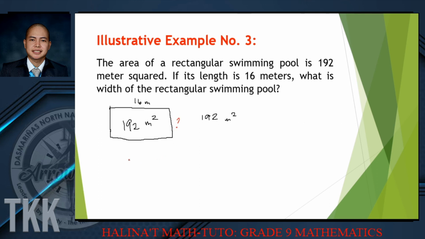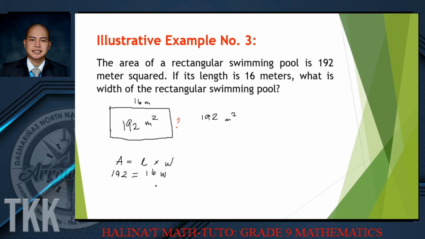Okay, so we all know that the area of a rectangle is length times the width. Given the area 192, it's simply 192, and then the length is 16, so unknown si width, diba?